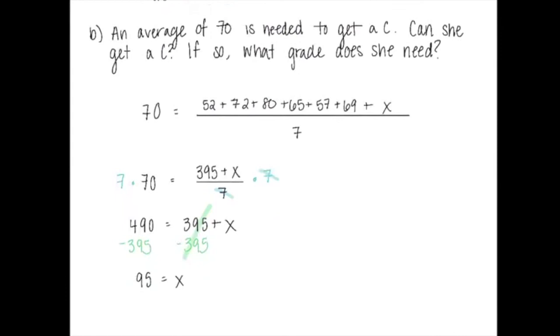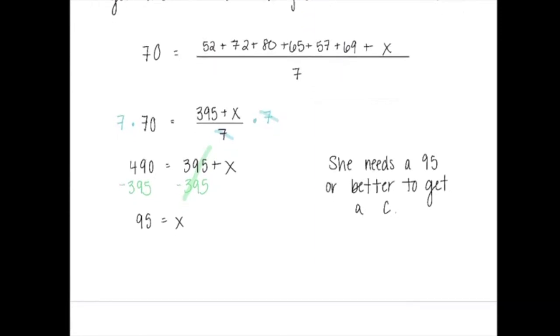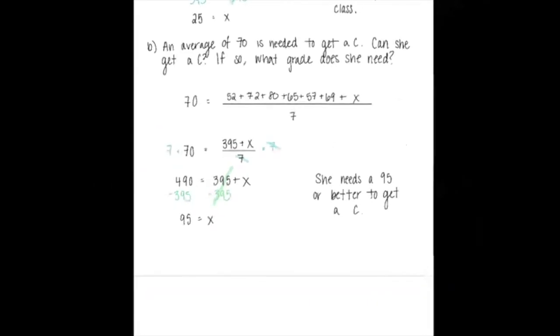Okay. So she can get a C, but she needs at least a 95 on this test. Which is a little problematic. That's going to be much harder given her track record because the highest grade she's gotten so far has been an 80. So that's a little bit less likely. Okay.